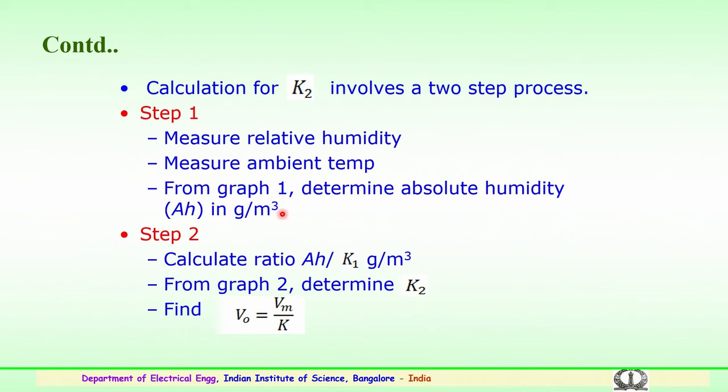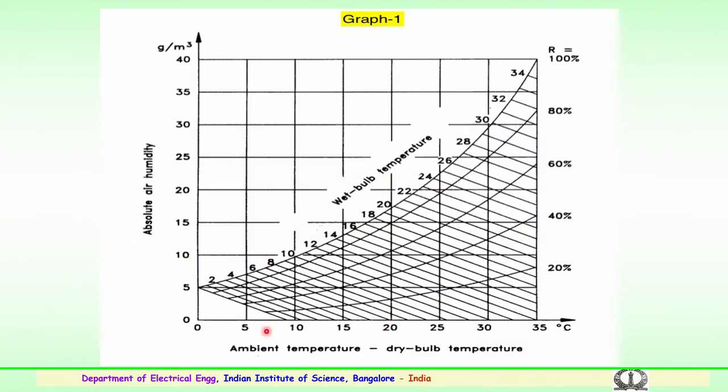Then, going to graph 1 in the standard, we can determine the absolute humidity in grams per meter cube. This is graph 1 given in the standard, where it gives the absolute air humidity in grams per meter cube on the y axis, and the ambient temperature, that is the dry bulb temperature, on the x axis.